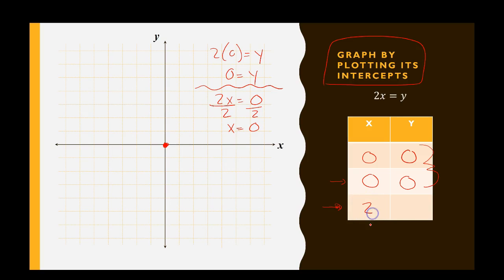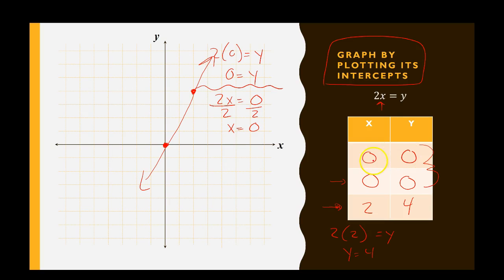So I could make it a 2. So when I do 2 times 2, so I'm plugging in a 2 here for the x equals y, I get y equals 4. So now I can do 2, 4, and that would give me a second point to connect that dot to. All right, so just a special circumstance, it happens.